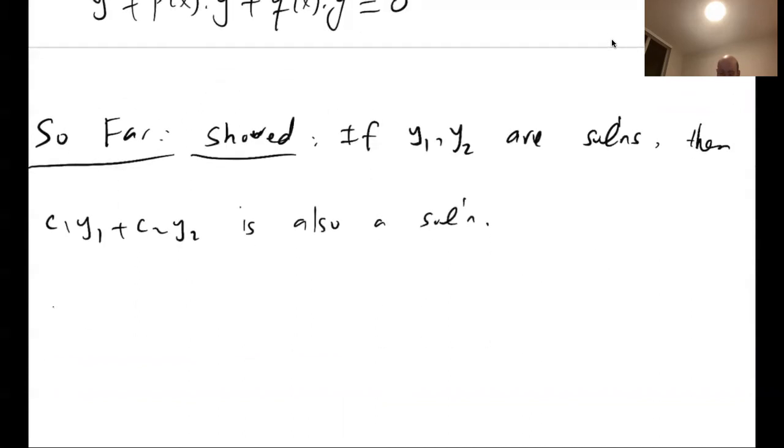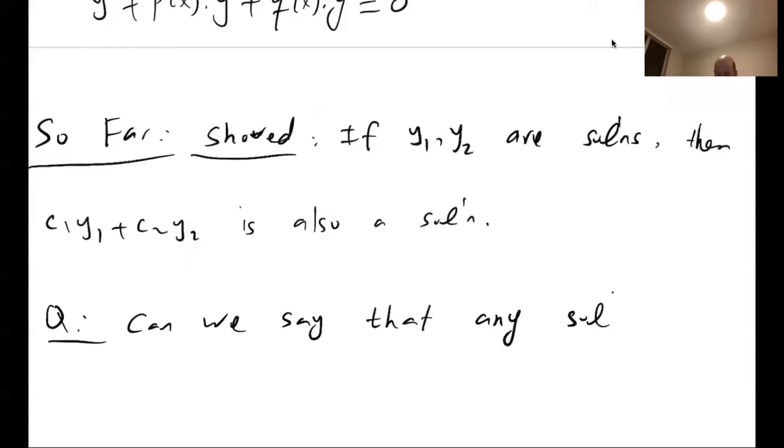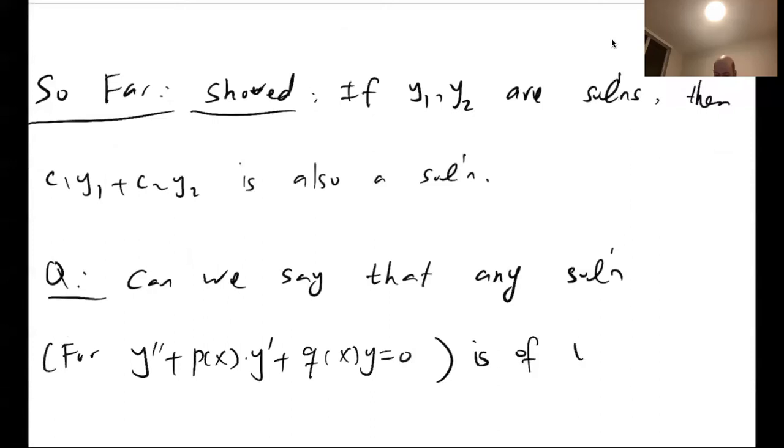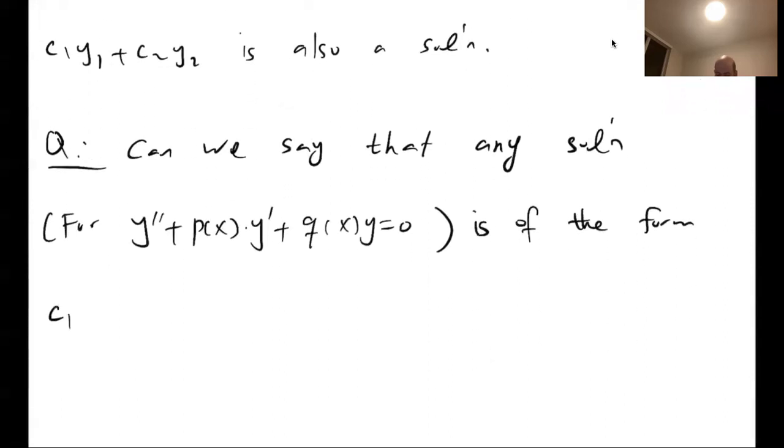But now the question is, can we say that any solution for our ODE, which was Y double prime plus P of X times Y prime plus Q of X times Y equals 0, is of the form C1 Y1 plus C2 Y2?